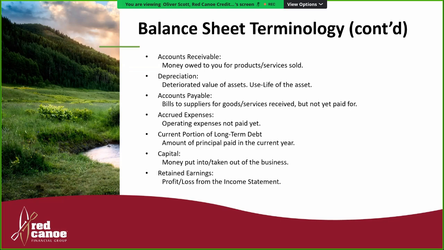So if you have a car, for example, usually, and you need to talk to an accountant to get the exact numbers, I'm kind of making these numbers up, but the car will depreciate over 7 years. That's how long the car will last on average. And so you're able to deduct 1/7 of the value of that vehicle every year.